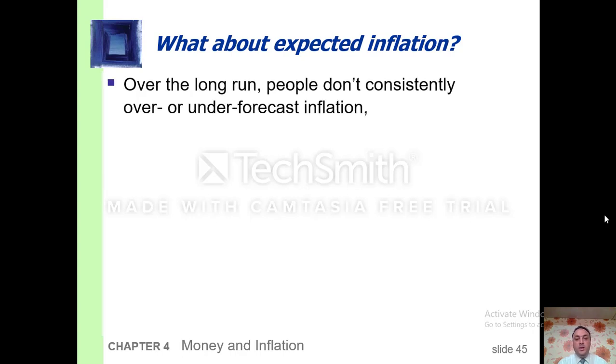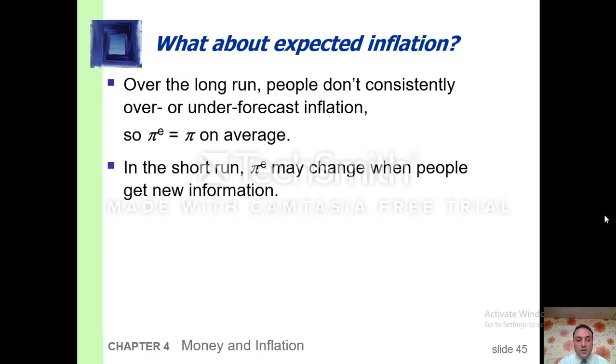So what about the expected inflation? Over the long run, people don't consistently over- or underestimate inflation, so on average expected inflation equals the actual inflation rate. But in the short run, the expected inflation rate may change when people get new information.